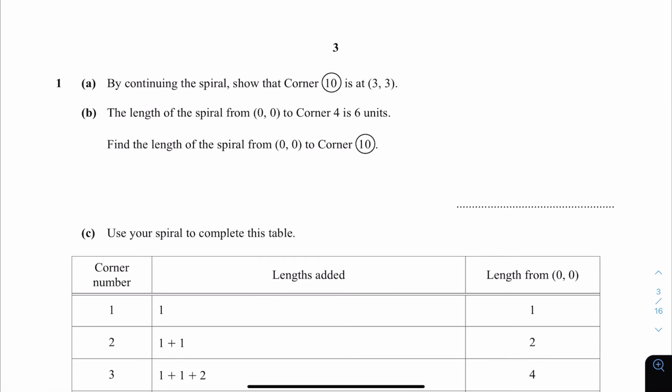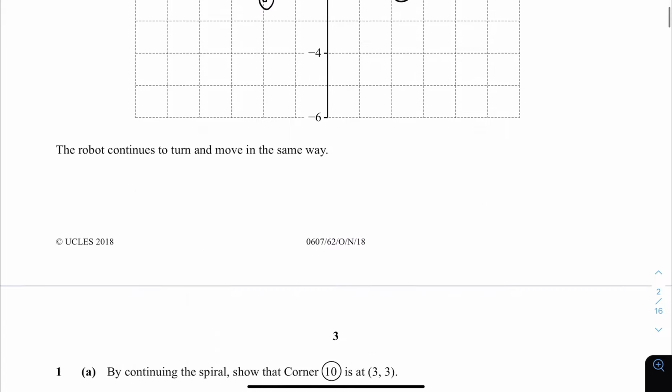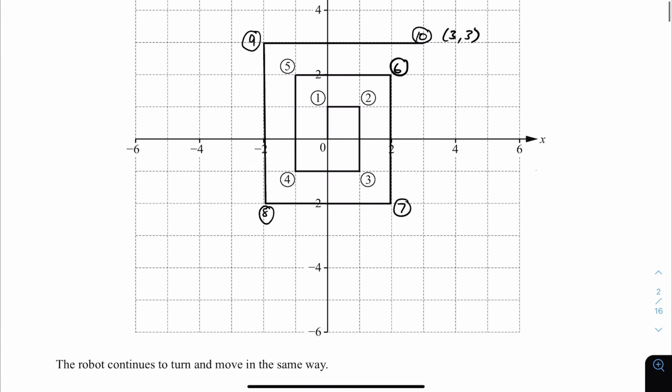So the length of the spiral from 0, 0 to corner 4 is 6 units. Find the length of the spiral from 0, 0 to corner 10. All right, so 6 units to corner 4. So corner 4 is sitting over here. So let's count. Let me use a red pen for this. So 1, 2, 3, 4, 5, 6. Yep, it is 6 units.